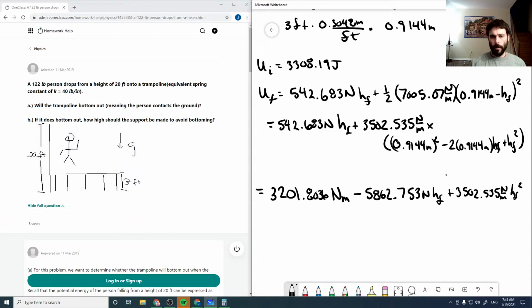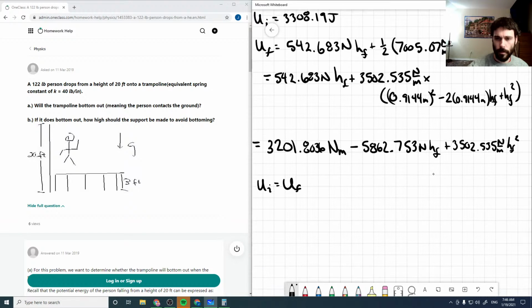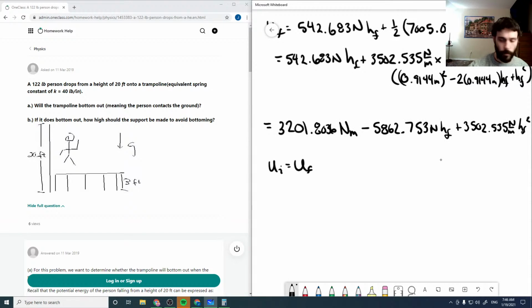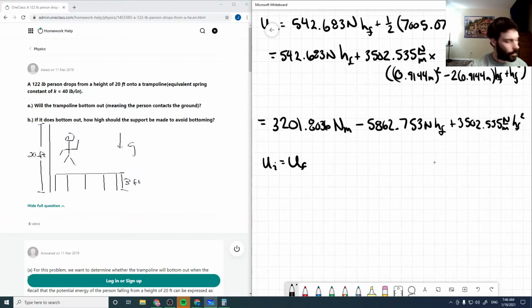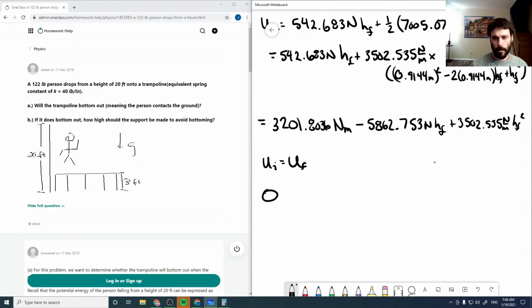Okay, so now our UI has to equal our UF, and so we can rearrange this, and I'm going to put it into more of a quadratic equation, so I'm just going to skip a couple steps here and say that we're going to end up with a quadratic equation like this guy.